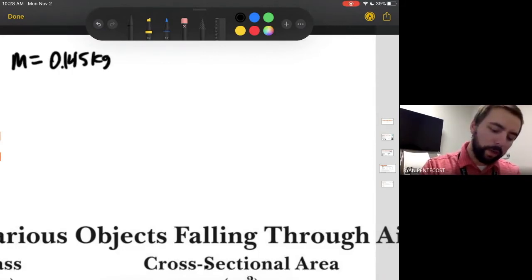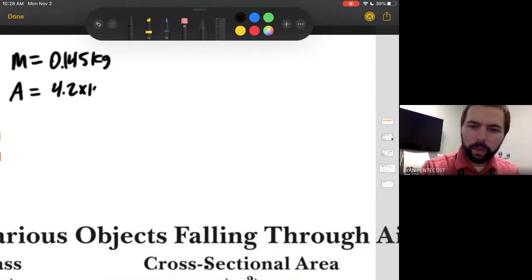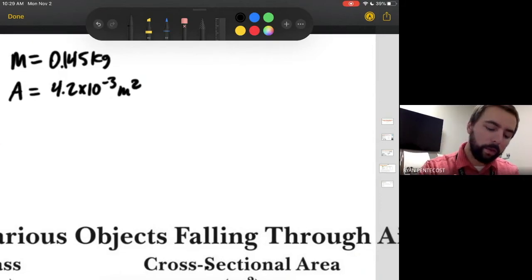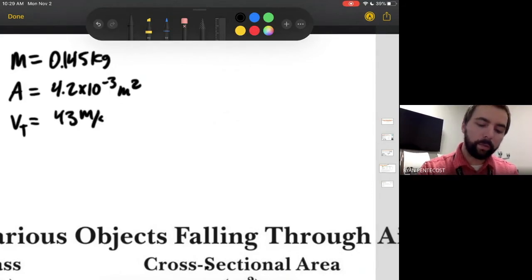The cross-sectional area is given to us as 4.2 times 10 to the negative third, and that is in square meters, because we're talking about area. Then the terminal velocity, Vt, equals 43 meters per second.